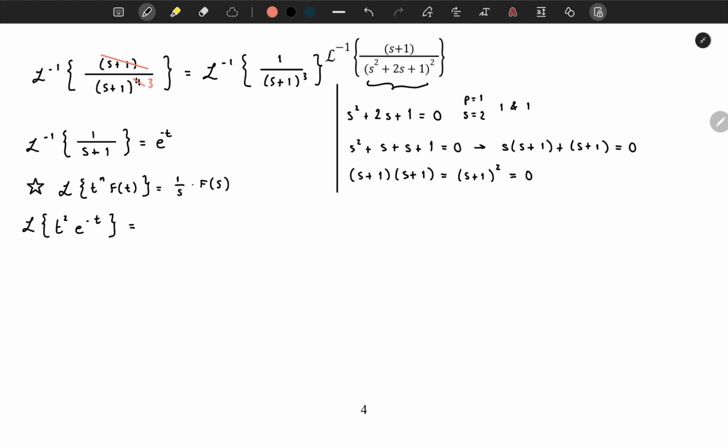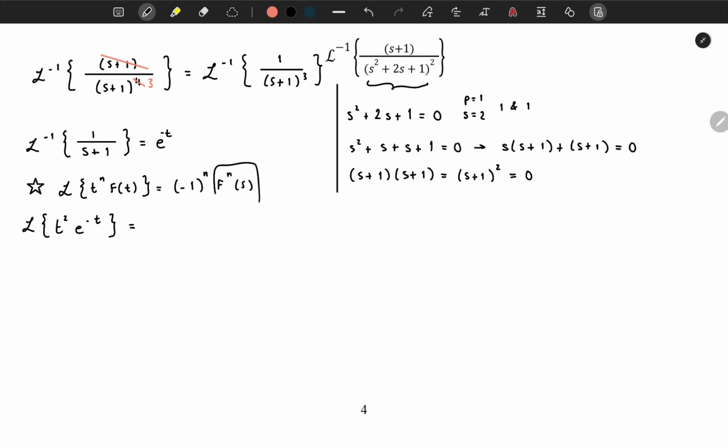Oh, this is the wrong theorem. You will get the negative 1 to the n times the n-th derivative of F of s. This is the theorem. I mixed it up, but this should be it.